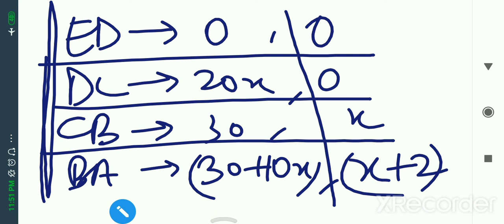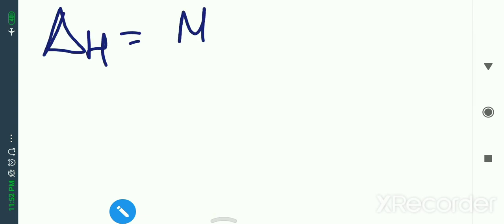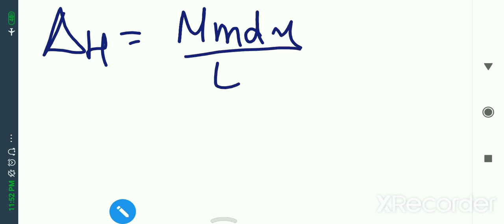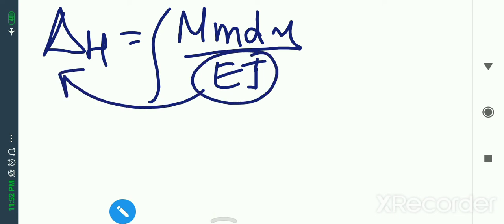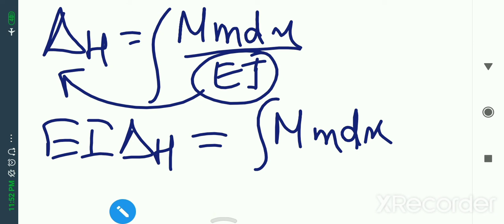Now we will put the values in the equation of the unit load expression. Now we are deriving the horizontal displacement, so we will write delta H equal to the integral of Mm dx by EI. We will move this EI to the left side, so EI delta H will be equal to the integral of Mm dx to various limits.